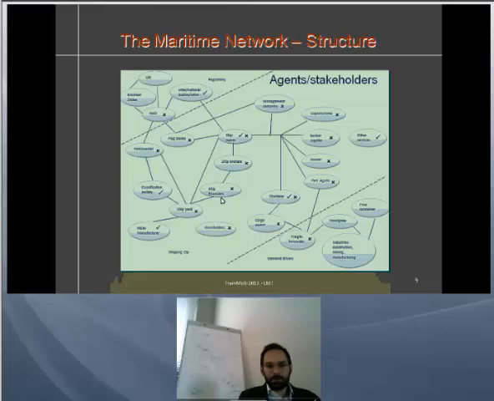And on the upper part of the graph, we have the regulatory framework, which kind of bounds the whole picture, because it is a framework where all shipping activities need to operate. They need to comply with specific regulations, which are designated by member states or the IMO or international bodies in flag states.